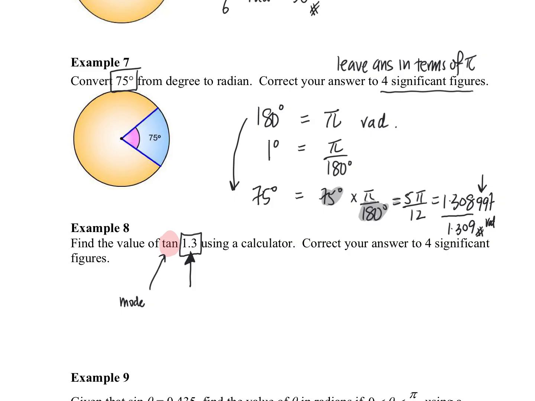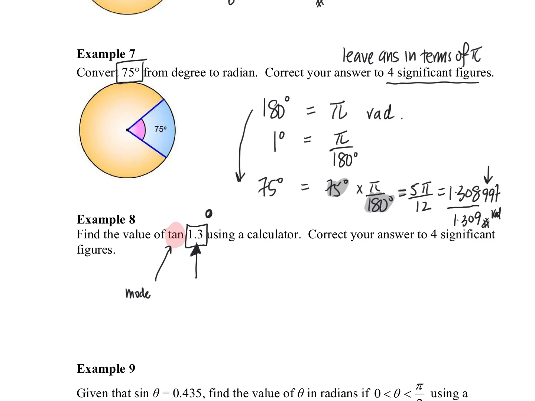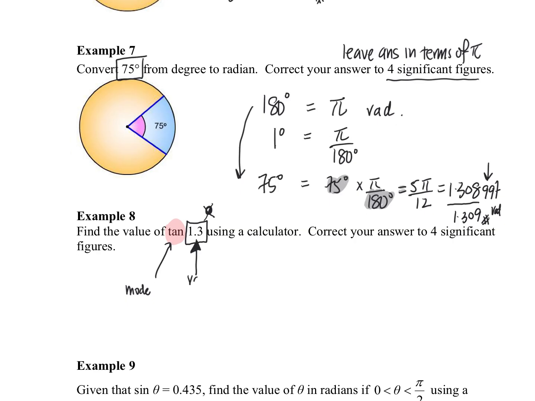Radians, the moment you don't see this, there's no degree symbol, it's radians already. So make sure you change your calculator to radian mode. Shift, setup, choose angle unit, then choose radians. Okay, then you press tangent 1.3.